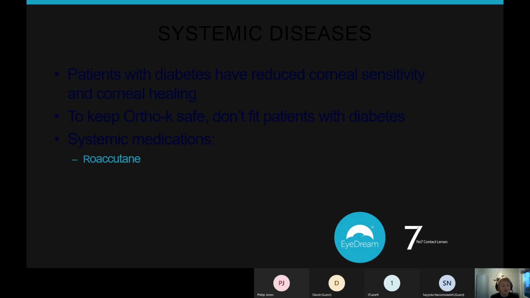And the patient was just a couple of weeks into a course of Roaccutane. It's also worth bearing in mind that the dryness can actually persist long after the Roaccutane is finished, sometimes for months, but sometimes even permanently. So if you do see patients of that age group with very dry eyes, that might be one of the reasons that you see that.